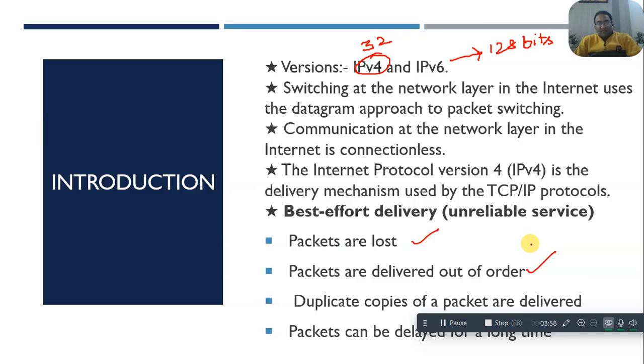That's why the packets may be delivered out of order. Duplicate packets can be delivered, and packets can be delayed for a long time. So these are the disadvantages of this Internet Protocol, but still it provides a best effort for delivering the packets in the Internet domain that we have.